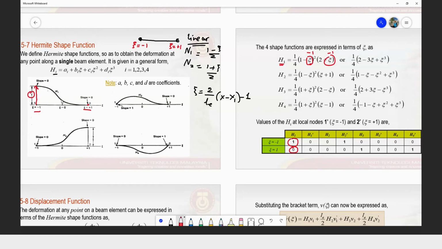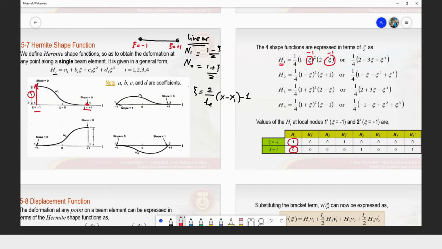Then we will get this kind of shape connecting the left and the right side of our nodal points. Sorry, of our elements.